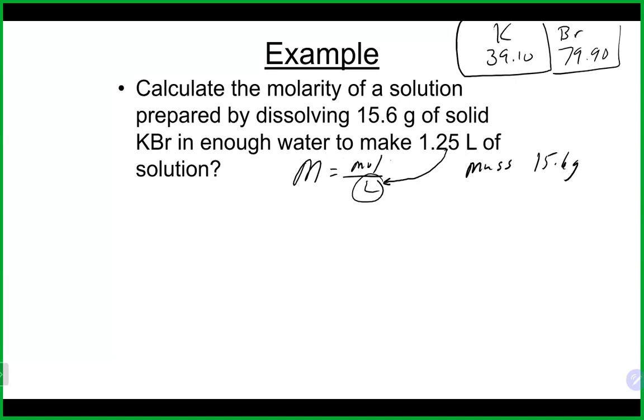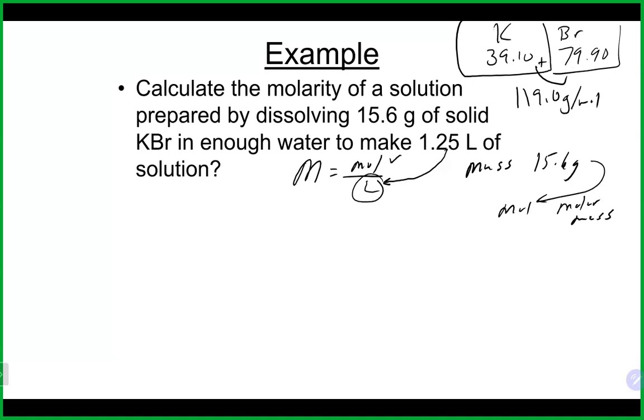So we don't have the moles here, but we can go from grams to moles, and we know how to do that. That should again be the molar mass from the periodic table. That's a K and a Br, which means we're essentially just going to add those two together. That's going to give us about 119 grams per mole as our molar mass here for KBr.